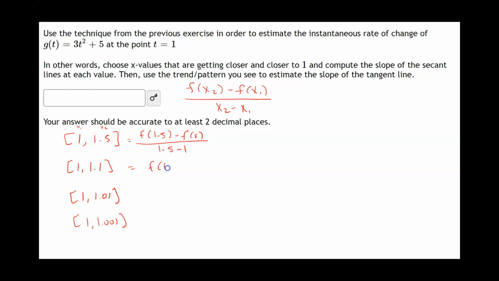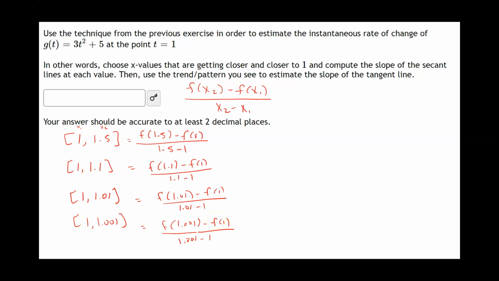Here we have f of 1.1 minus f of 1 divided by 1.1 minus 1. Here we have f of 1.01 minus f of 1 divided by 1.01 minus 1. And then finally, we have f of 1.001 minus f of 1 divided by 1.001 minus 1.